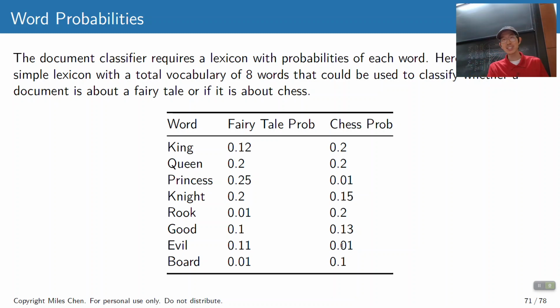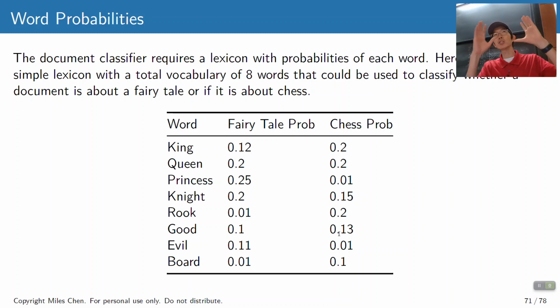But saying evil in the chess game, probably not very likely. And a board is going to be very likely to appear in chess. So I just made up some numbers, but this reflects the idea that some of the words will be probable for both documents. Some will be much more probable for one document and much less probable for a different document class.